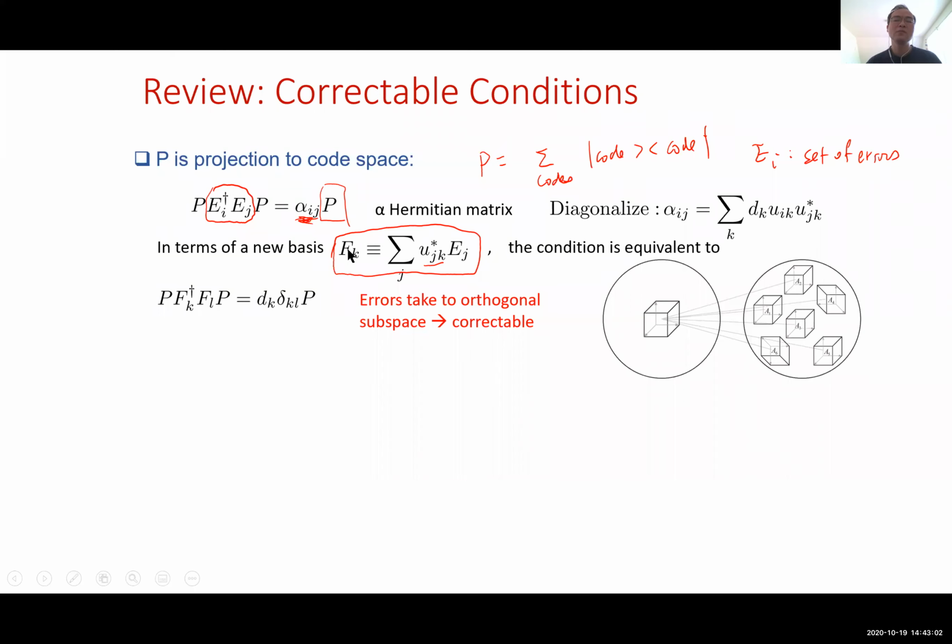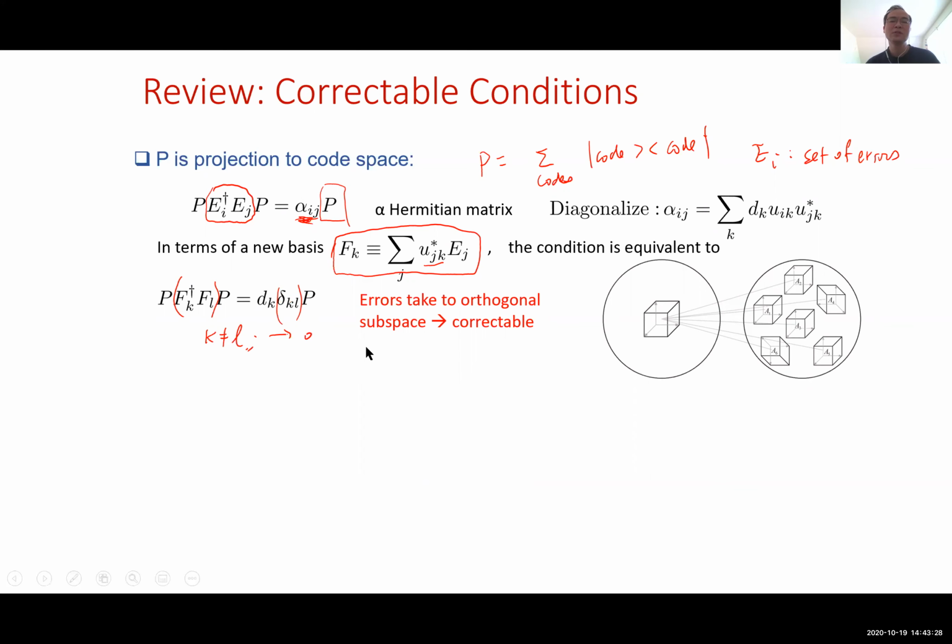You define a new set of errors f_k. This condition then translates to that the action in the code space is really diagonal, right? So if you have different errors f, then this gives 0.